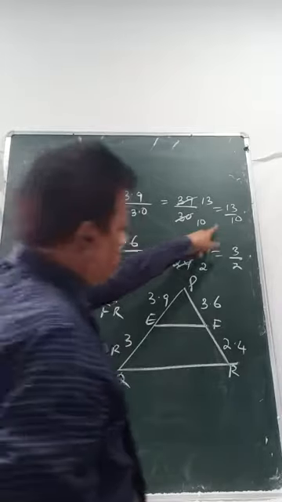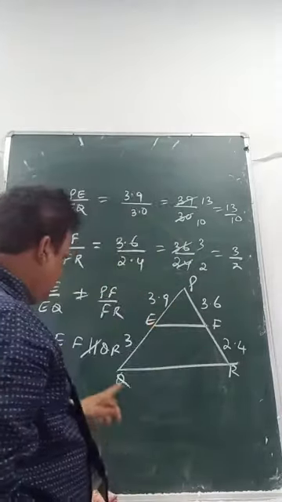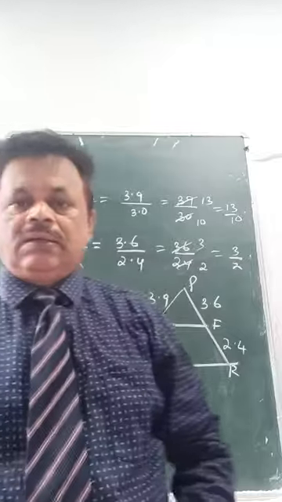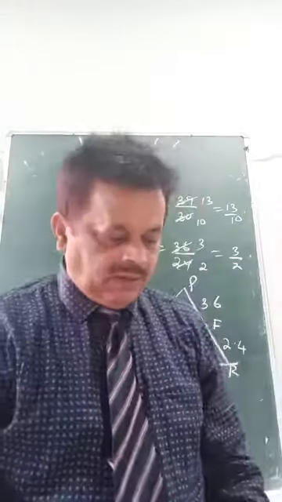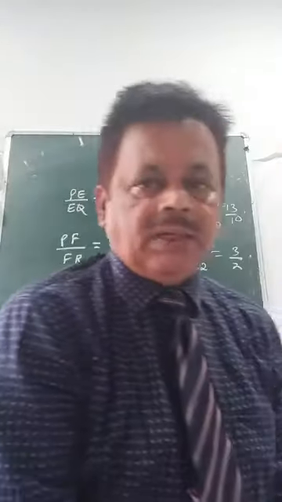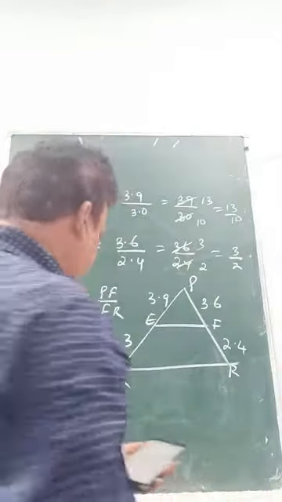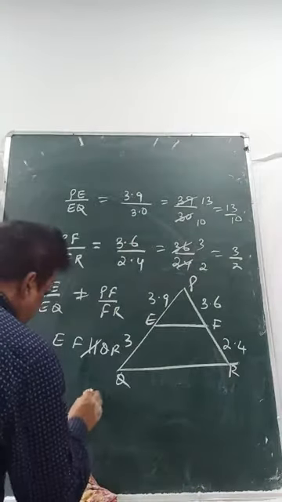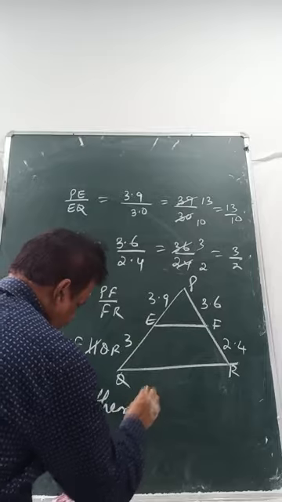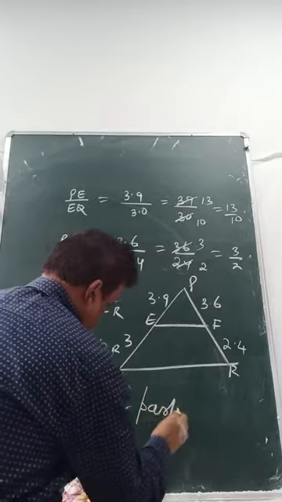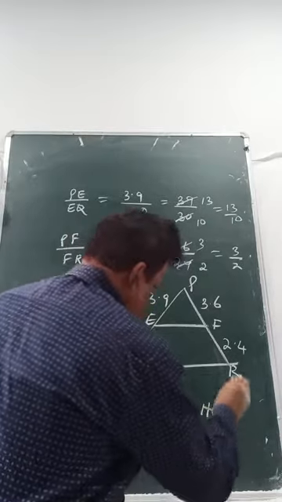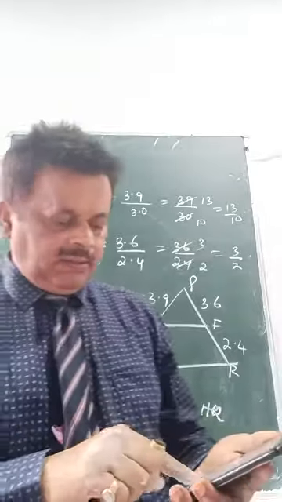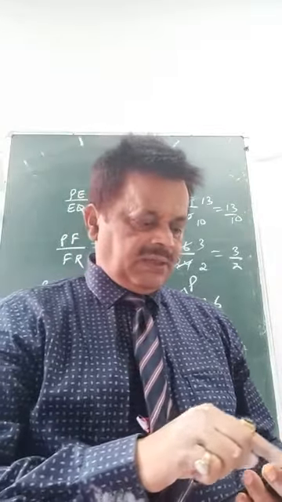If the ratio becomes equal, then you write parallel. If the ratio is not equal, then not parallel. Okay. So the remaining parts are homework for you. Other parts homework. Same method. Okay. Now see question number 3.